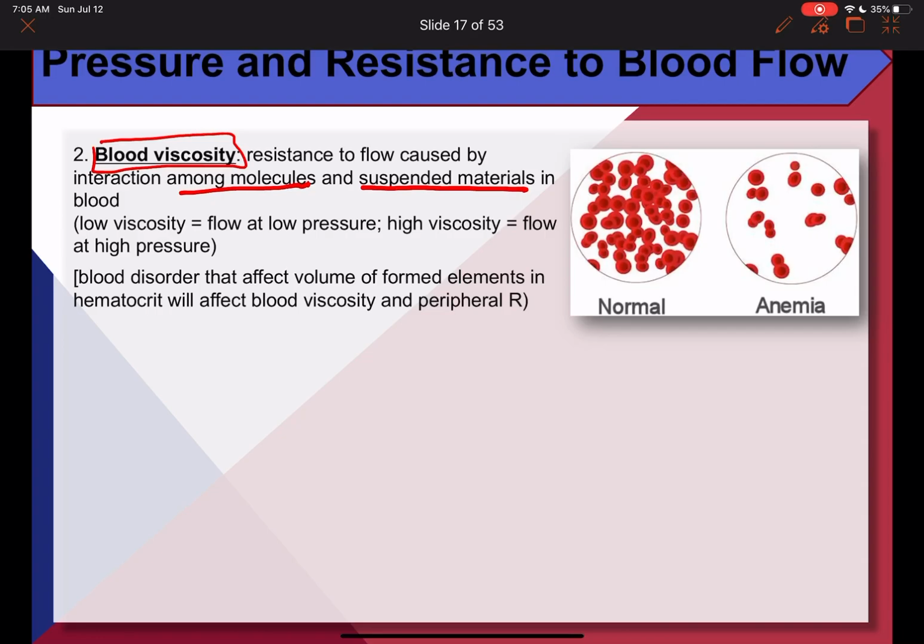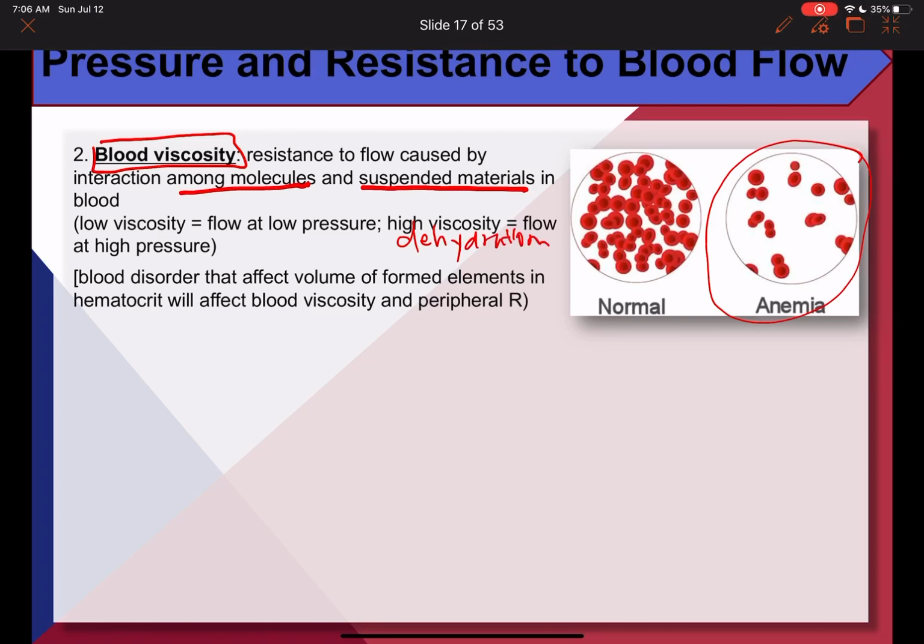When you are in dehydration mode, less fluid is existent within the blood. The higher hematocrit value means more formed elements, more resistance, and less blood flow. So you have a less viscous situation when you have a person with anemia, and you have higher viscosity when someone is undergoing, for example, dehydration.